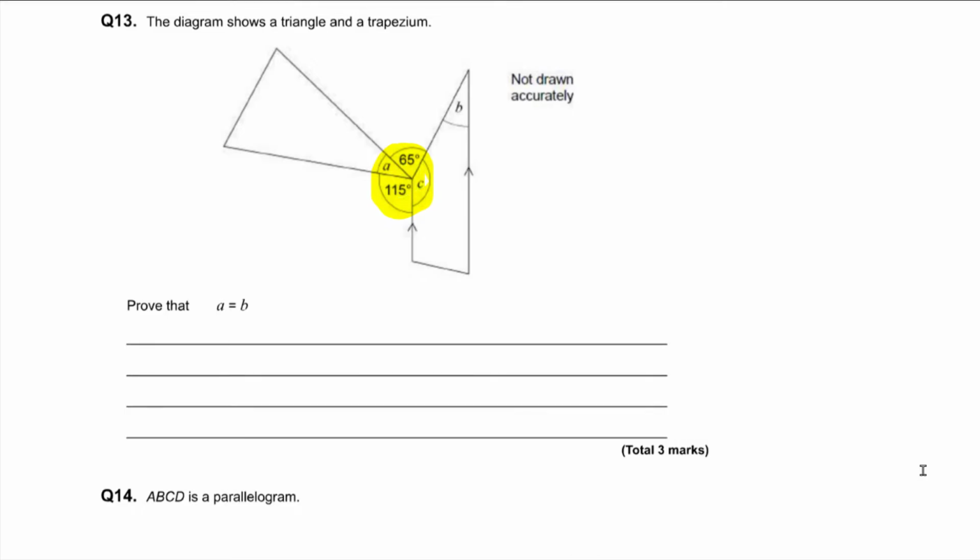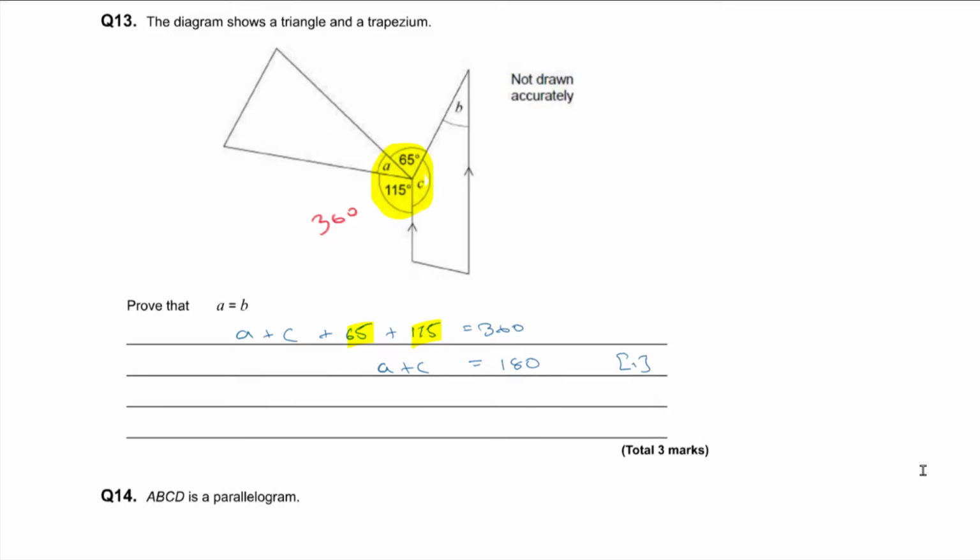So A plus C plus 65 plus 115 is equal to 360. Adding 65 and 115 gives 180, doesn't it? So that means that A plus C is equal to 180. Okay, so that's one equation that I know.